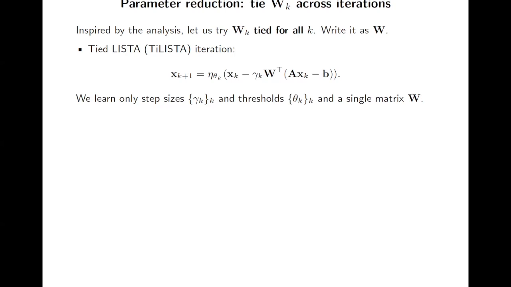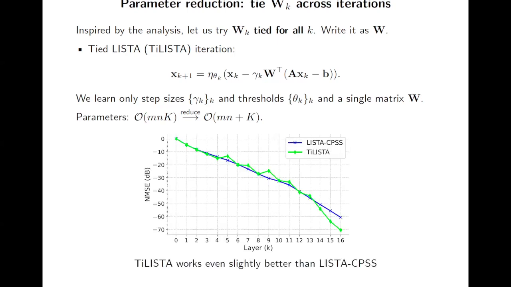We tie the W^k for all k, and in this iteration, the number of parameters is further reduced because there is only a single matrix and a sequence of scalars. We can see that their performance looks very similar, and the new scheme, tied LISTA, looks even slightly better.